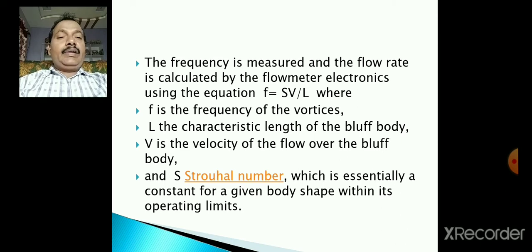Frequency is given by F = SV/L, where F is the frequency of the vortices, L is the characteristic length of the bluff body, V is the velocity of the flow over the bluff body, and S is the Strouhal number, which is essentially a constant for a given body shape within its operating limits. So this is the frequency and flow rate relation.